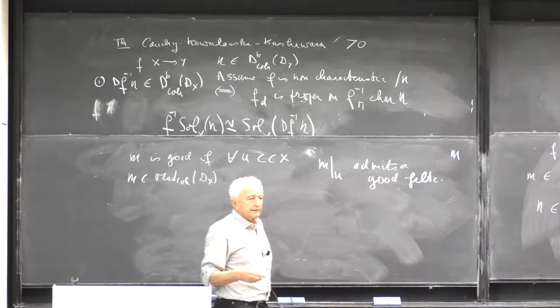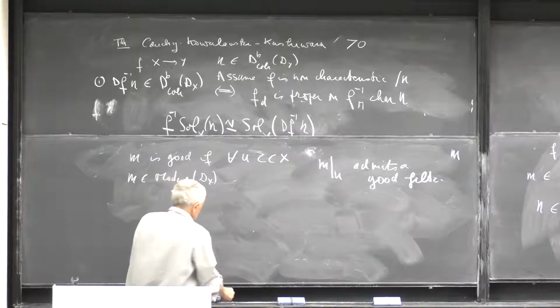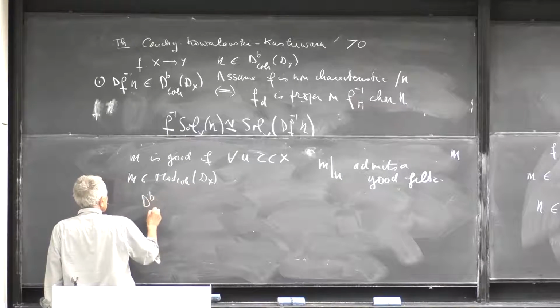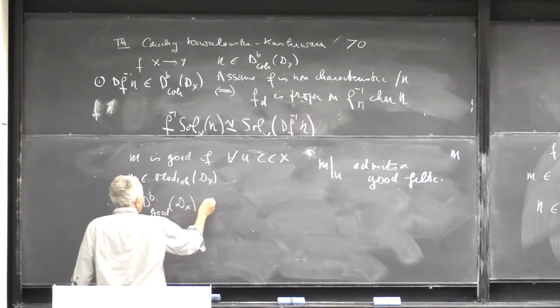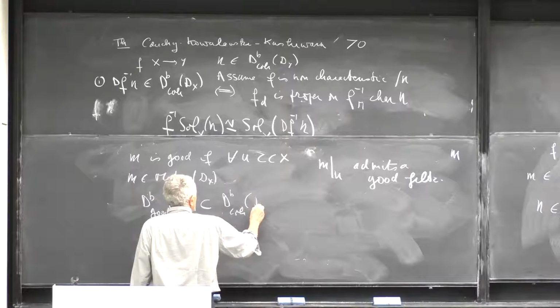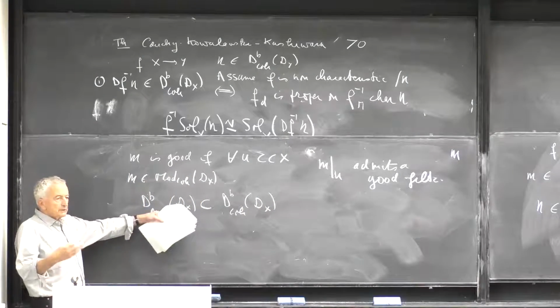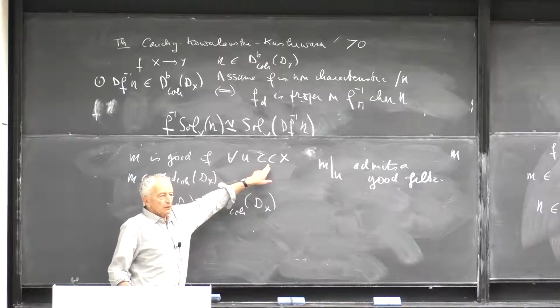It means more or less that it is generated by a coherent O-module. So we have the triangulated category D^b good of D_X, which is contained in D^b coherent of D_X. So it's coherent modules with good filtration, not everywhere, but at least on each relatively compact open set.